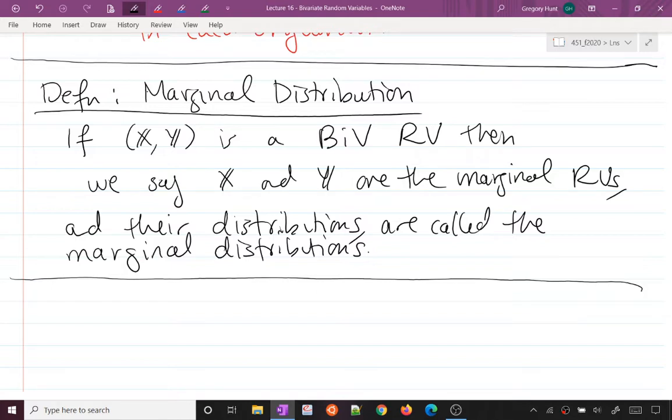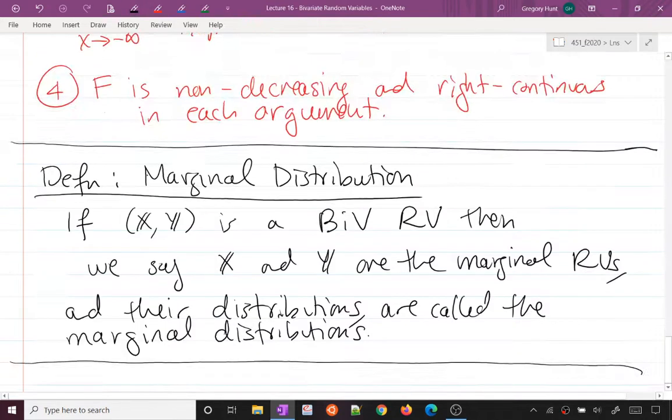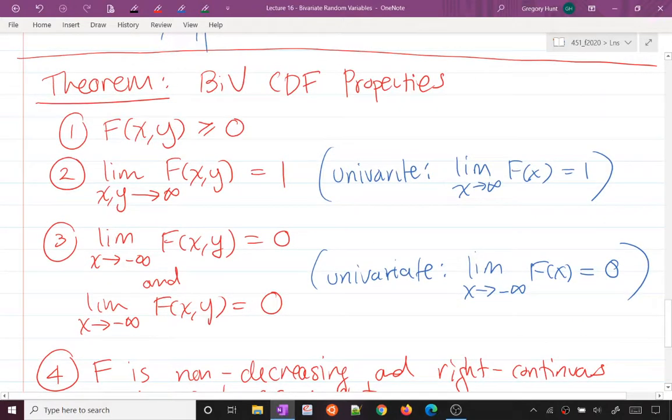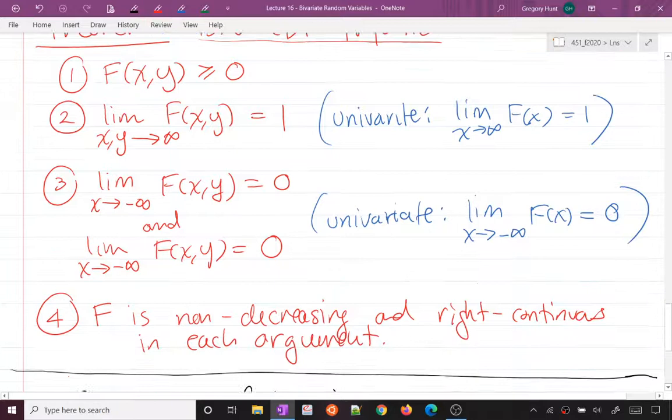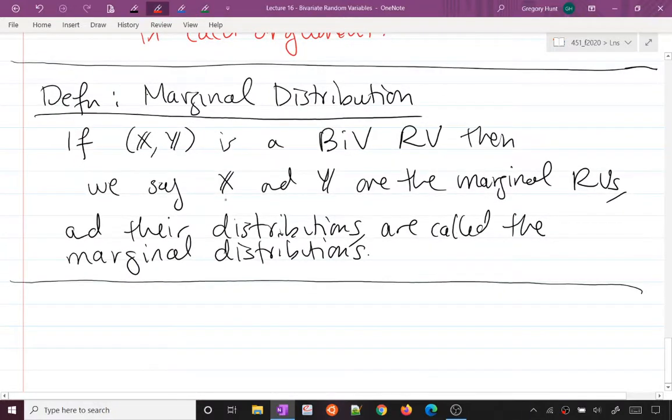So I introduced the marginal distributions because we can now relate this bivariate CDF to the marginal CDFs, right? The random variables X and Y individually are just univariate random variables. They have all the same things any univariate random variable has: a CDF, PDF, or PMF in this case, moment generating functions, all those great things.